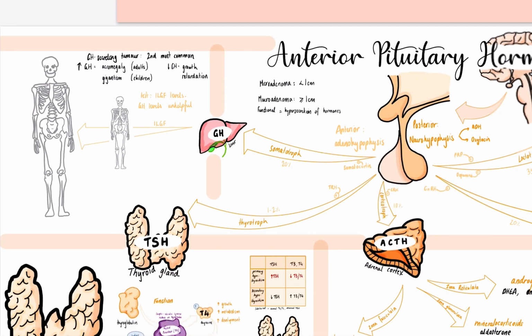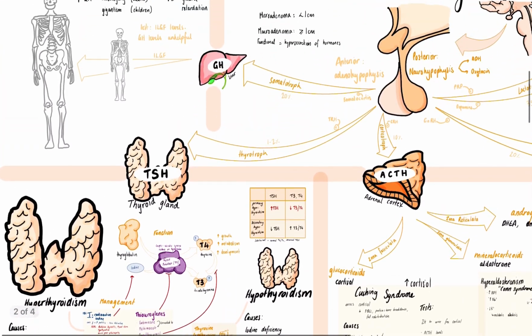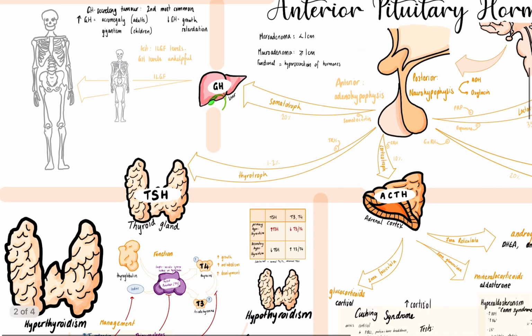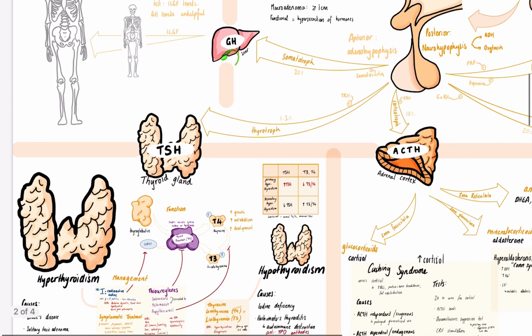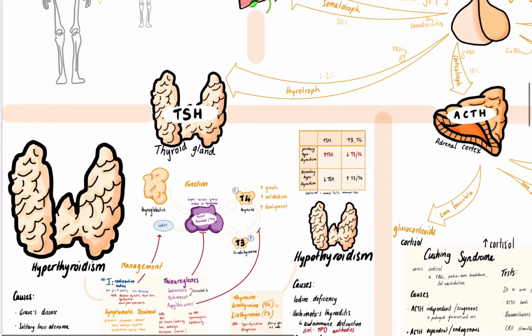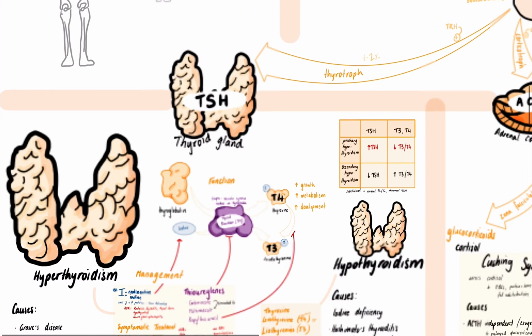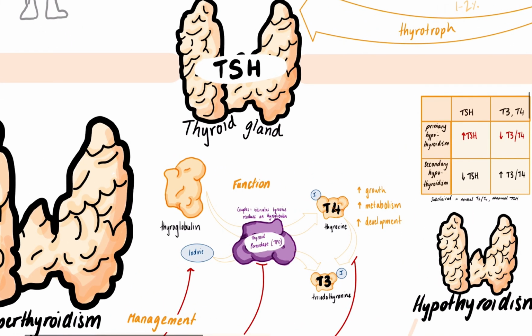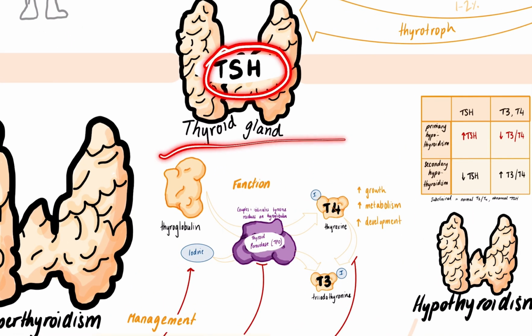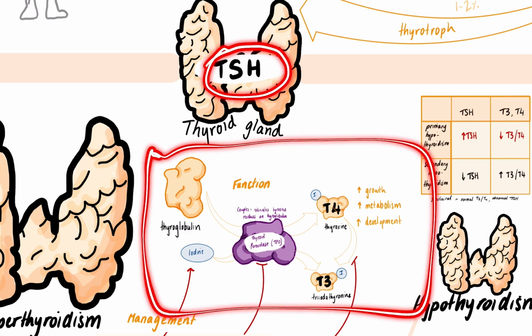Now, I'm going to go to thyroid stimulating hormone, which is again secreted by thyrotrophs. And this is important because it's implicated in thyroid disease. So basically what happens is that thyroid stimulating hormone promotes this process in the thyroid.